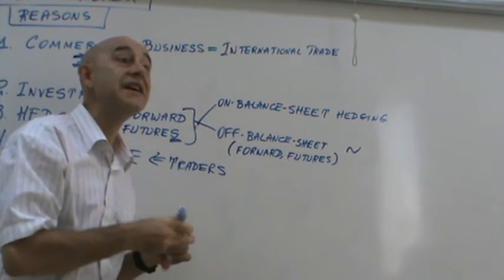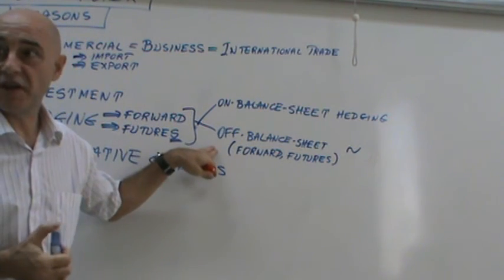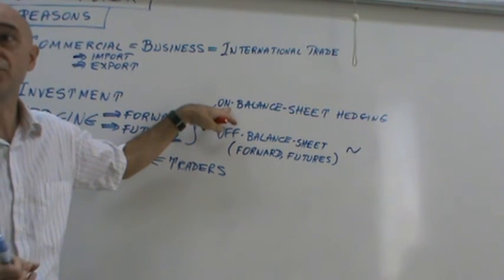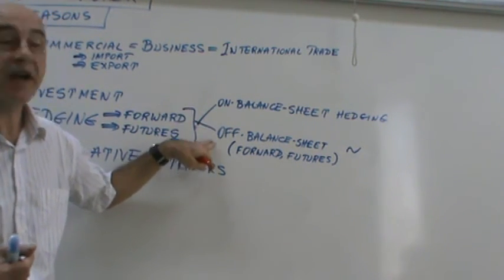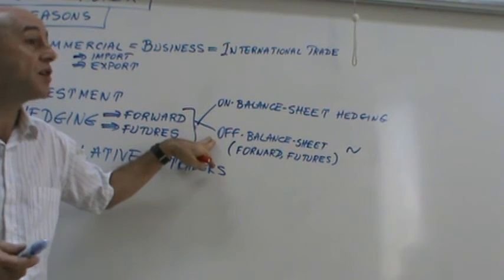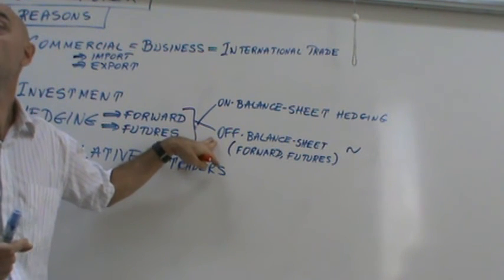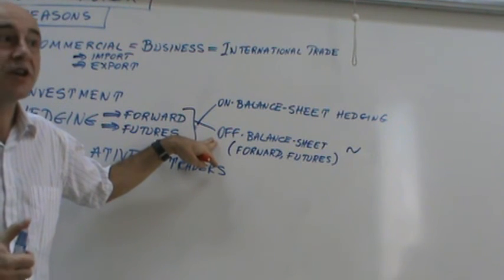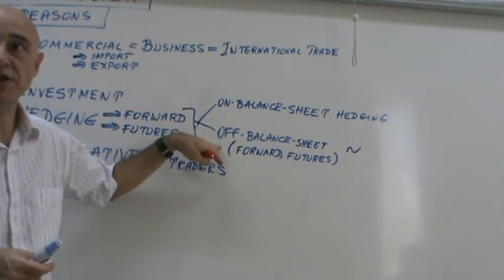In general, some derivatives do not have to be recorded on the balance sheet, and they will have to be recorded in what's known in accounting as a footnote. It's a disclosure. It doesn't enter the balance sheet.